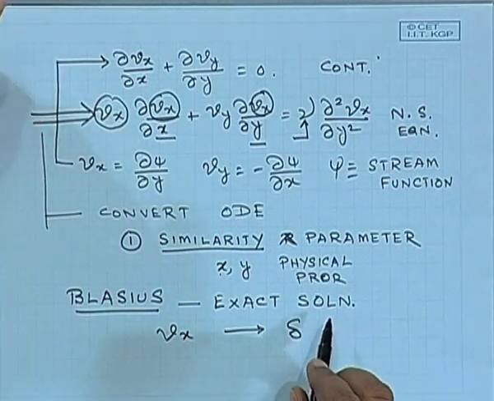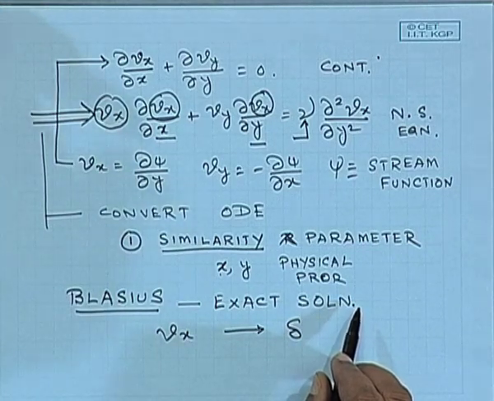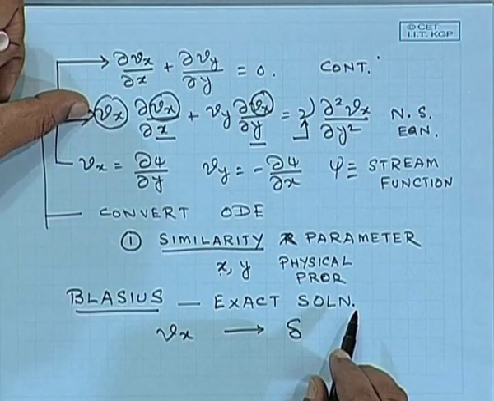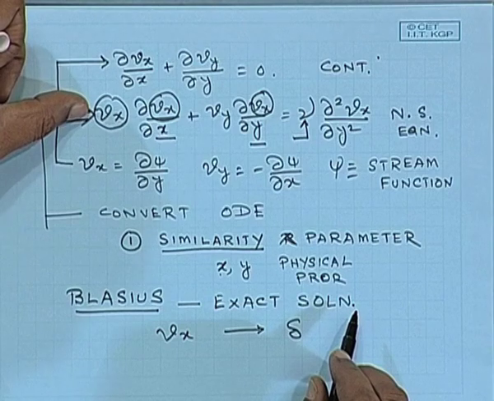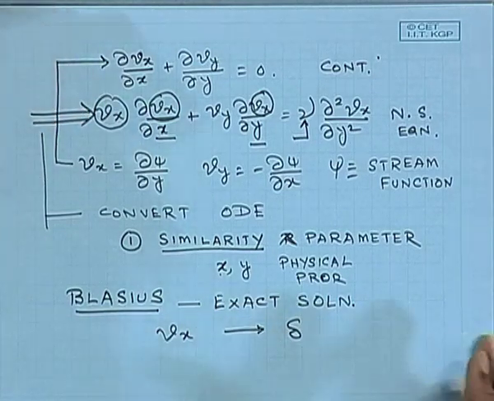We are not going to go into the complete solution of Blasius. We will take a shortcut in between, that is, we are going to derive the governing equation in ordinary differential form and then use a numerical solution technique. So, I will give you the numerical solution for Vx from there, delta.